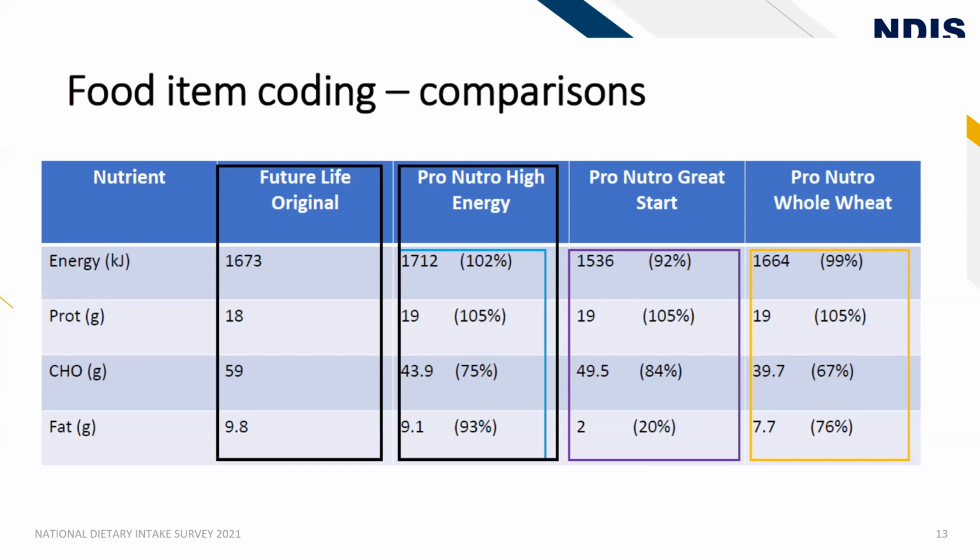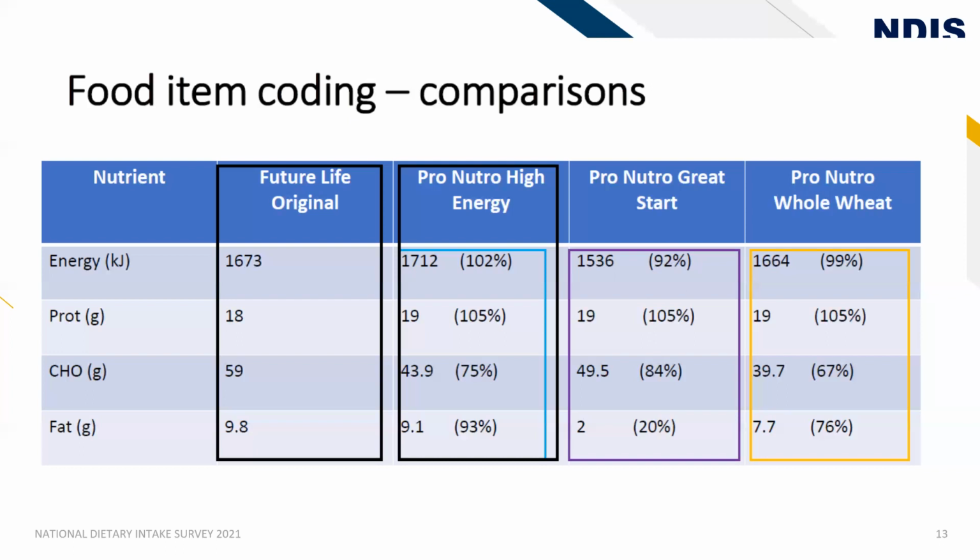Then with the carbohydrate, High Energy has 75%, Great Start 84%, and normal Whole Wheat ProNutro is 67%. Then when you compare the fat, you'll see that ProNutro High Energy is 93, Great Start is only 20, and ProNutro Whole Wheat is 76%.